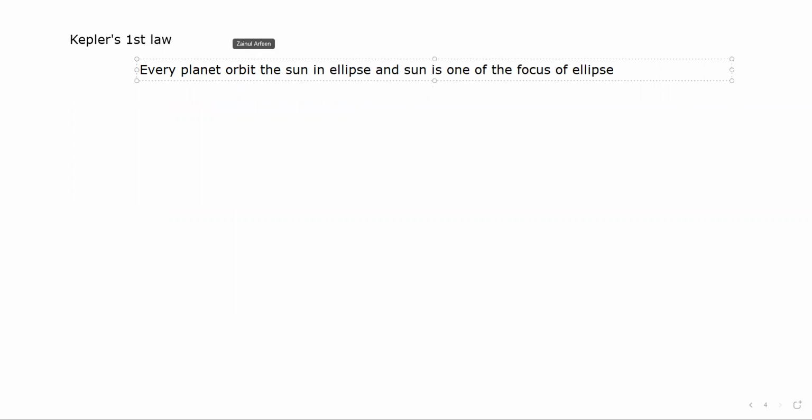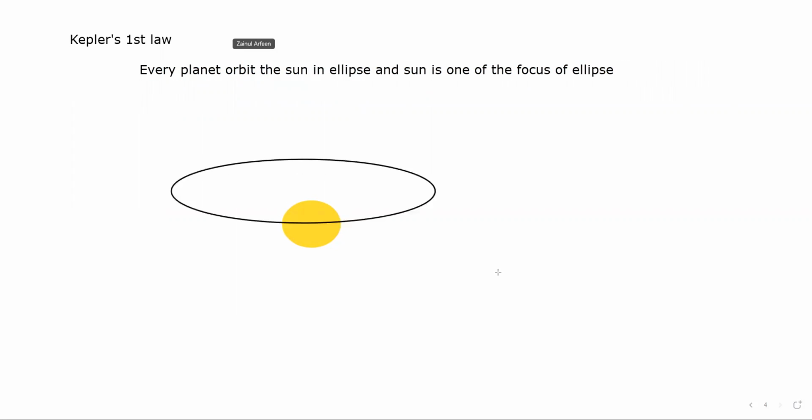So what does it mean? It means, for example, this is the Sun and the planets are moving in an ellipse.